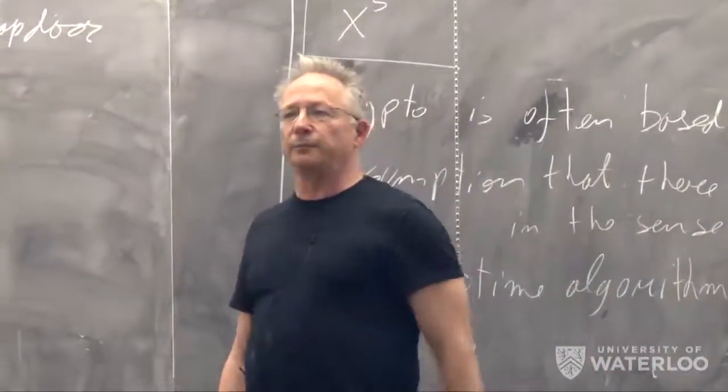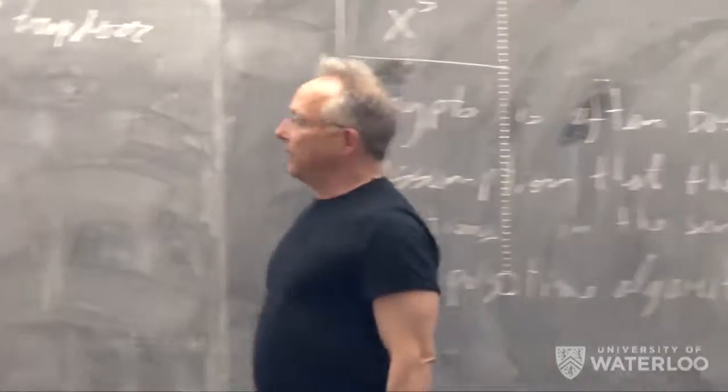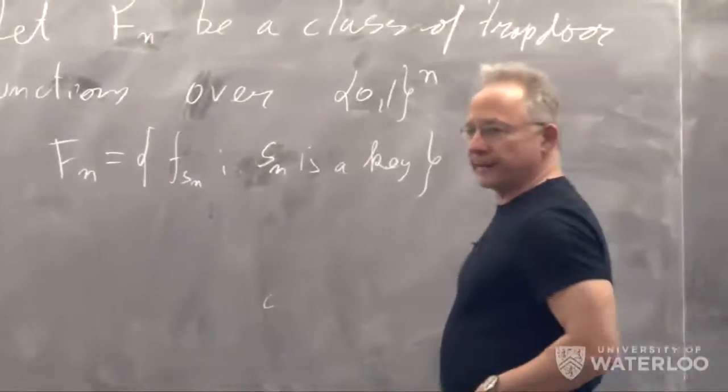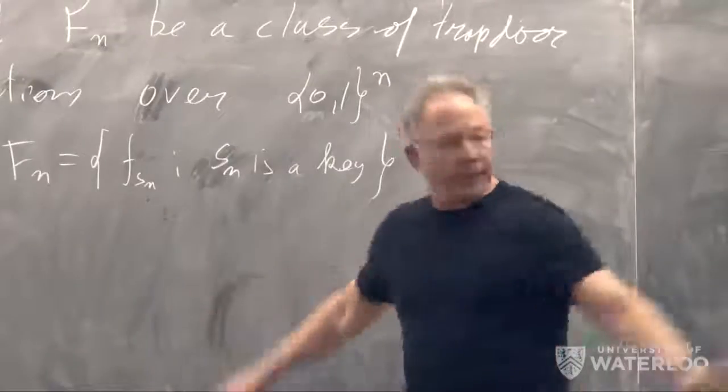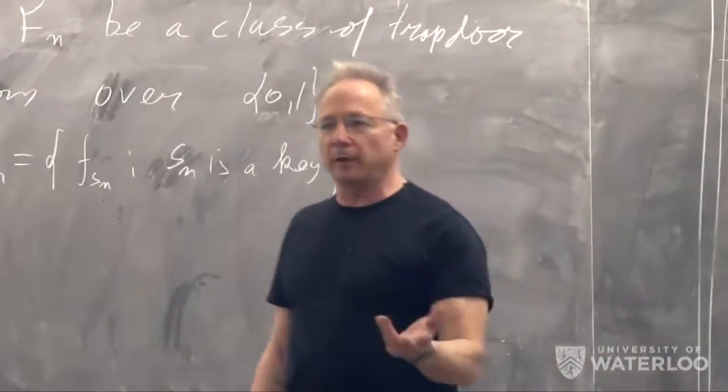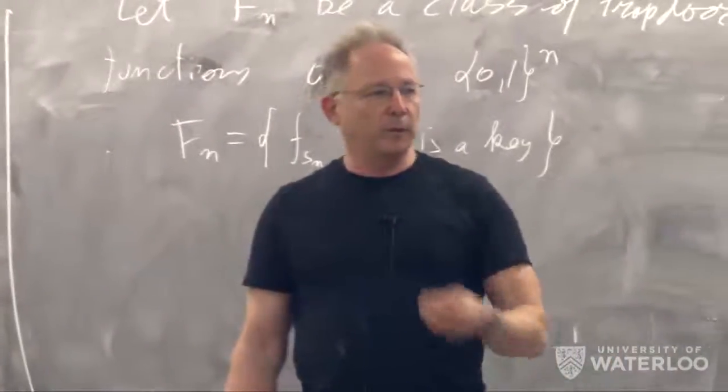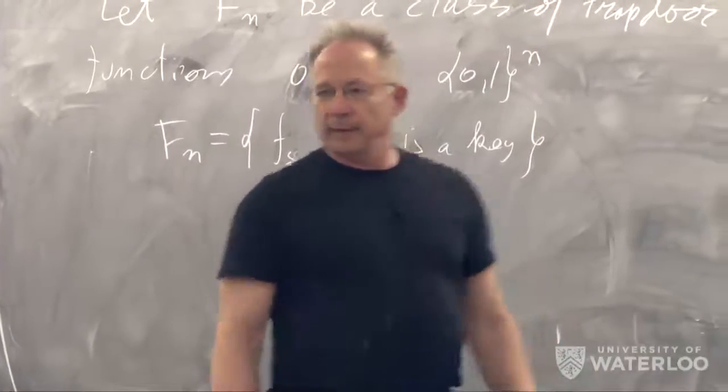So now, let us see how we can phrase it as a learning problem. So assume you want to invert such a function. You want to break my code. So to break my code, you have to find my secret, or you have to find s_n. Right?